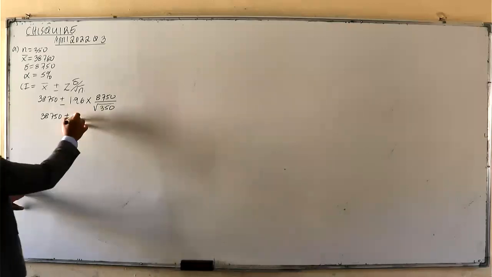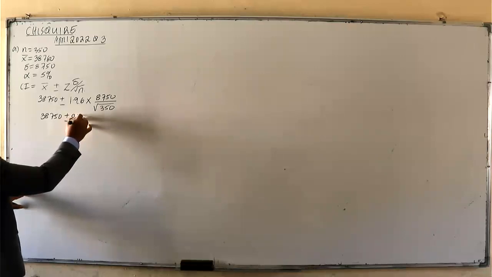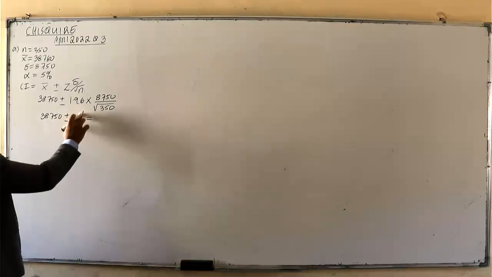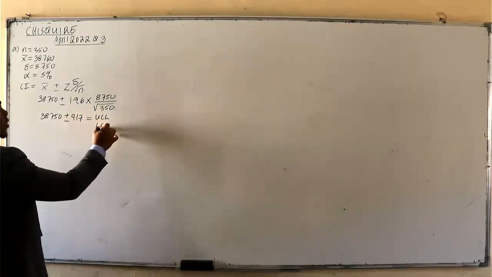It is about 916.7. So now give me the upper control limit and lower control limit.